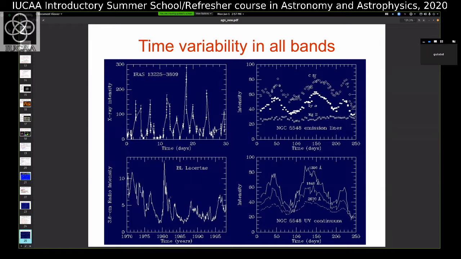In the bottom left panel, this is the light curve of the radio emission. This is the 30 centimeter radio intensity as a function of time. Again, you see very strong variability from a blazar, this BL Lac object.